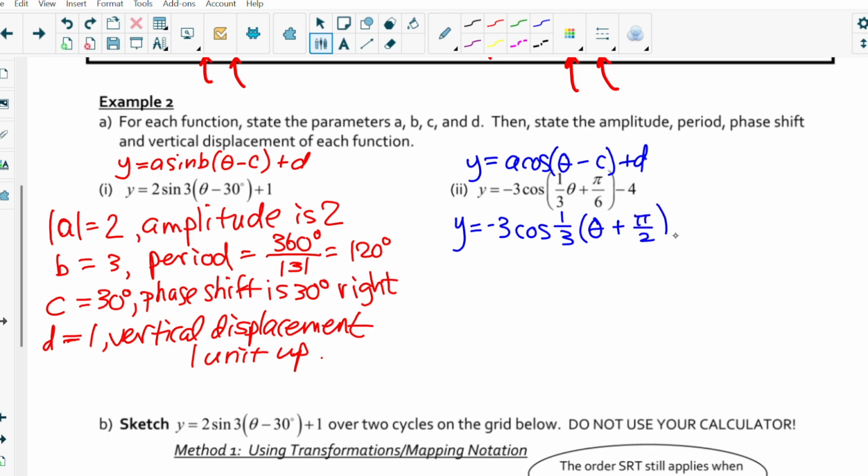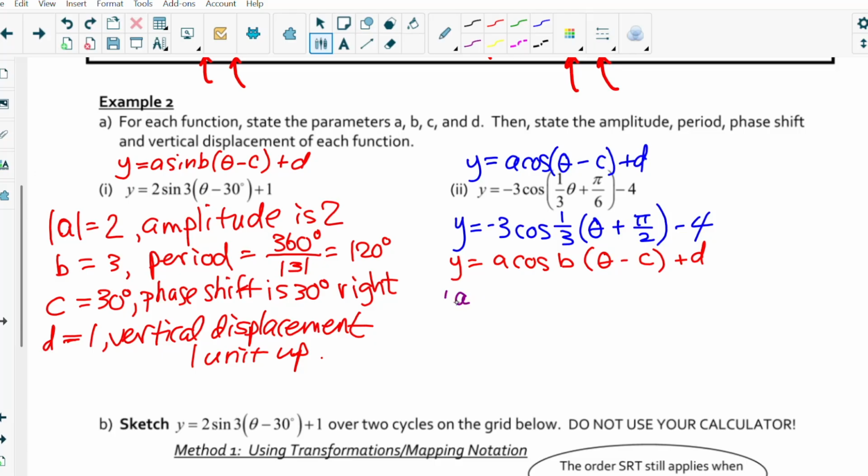I need to factor out a 1/3. So 1/3 theta plus pi over 2. Okay, and then minus 4. Now my equation is in the form y equals a cosine of b theta minus c plus d.